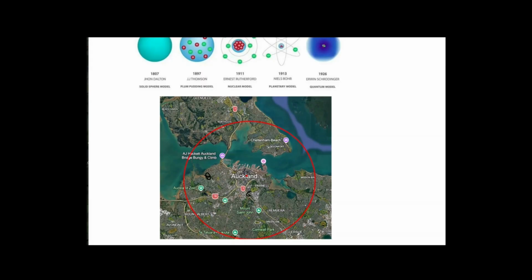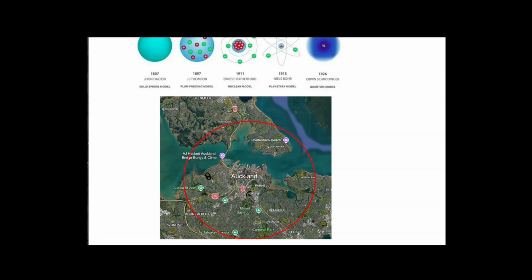If you had a football-sized nucleus and you went up the Sky Tower in Auckland, the average distance to the electrons would be almost 7 kilometers away, and they would still be too small to see. In fact, it's debatable that you could see them at all at any scale. They are a point particle. So the distance and the scale involved is enormous.